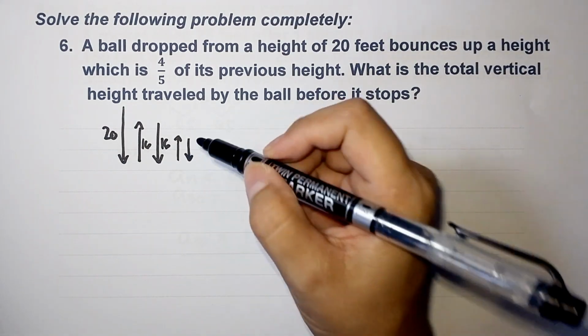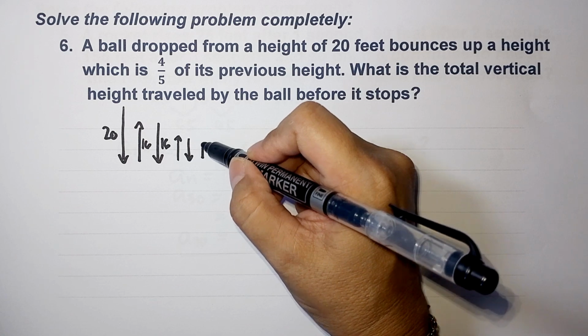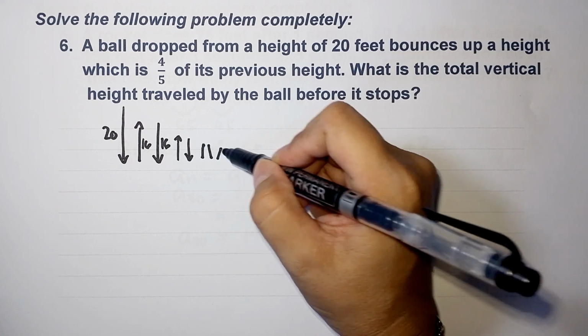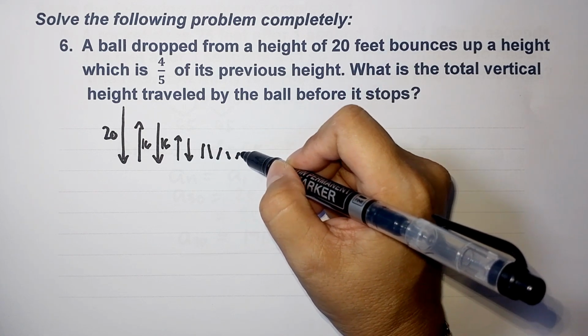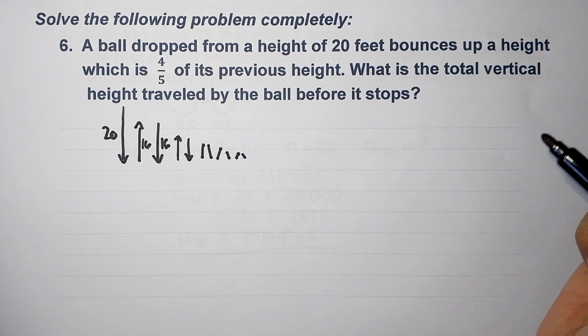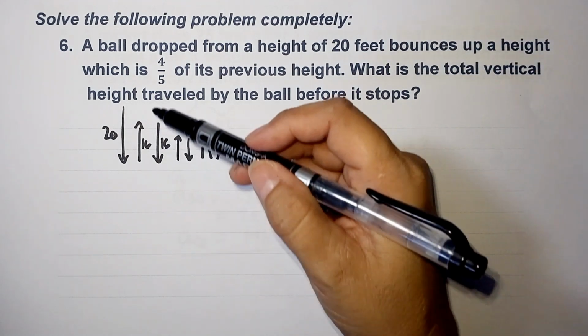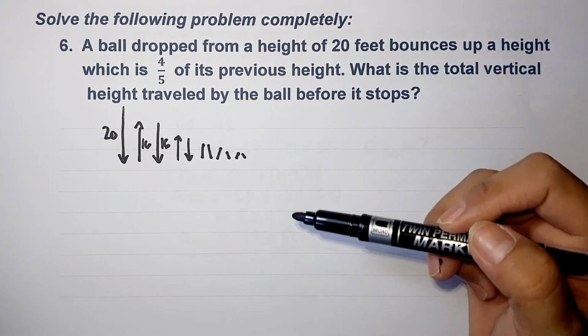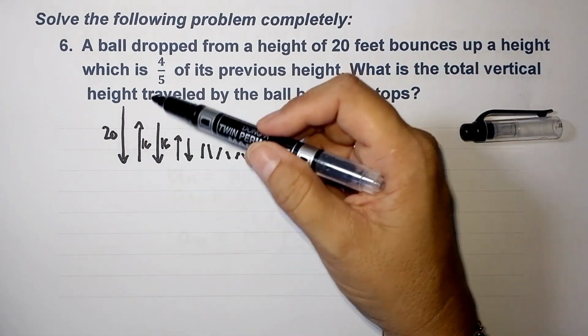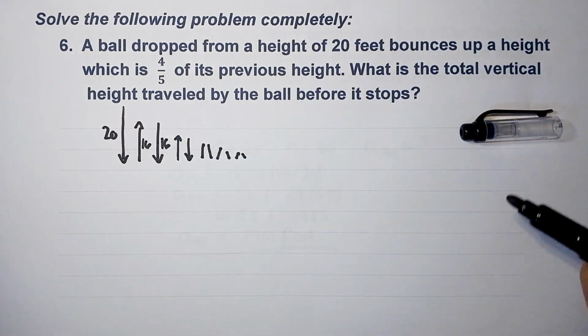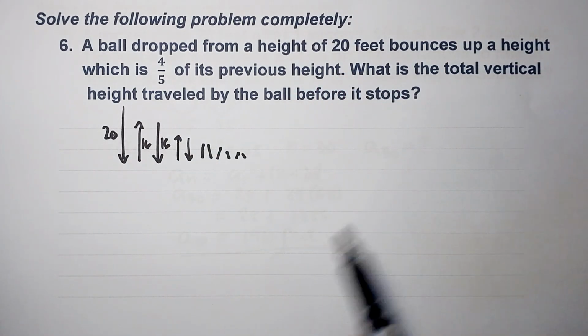Then it will continue to bounce up, then down, then up, and then down, until finally it will stop later on. The question is, what is the total vertical height traveled by the ball? So we are talking about the total upward distance and the downward distance. Now, this kind of problem can be solved by applying infinite geometric sequence.